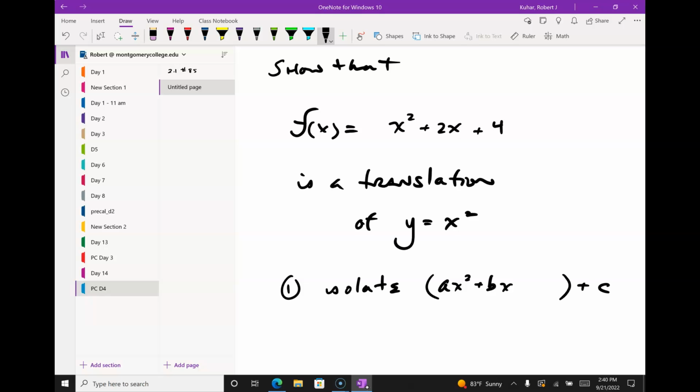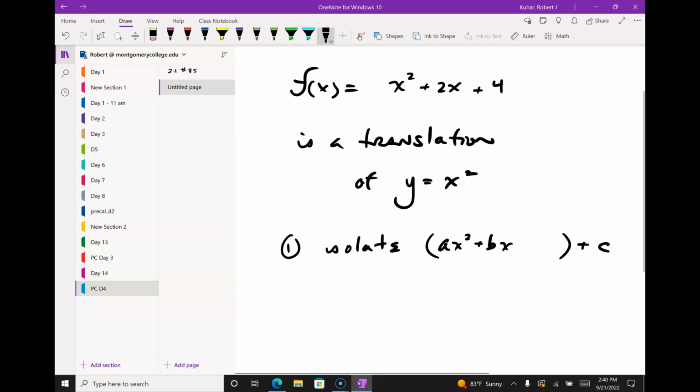I'm going to group those first two terms together. Factor out a if a does not equal 1. So if it's -1, if it's 2, if it's anything, factor it out. The problems I'm doing right now, I'm going to keep a as 1 for now, okay? And you'll see why in a second.